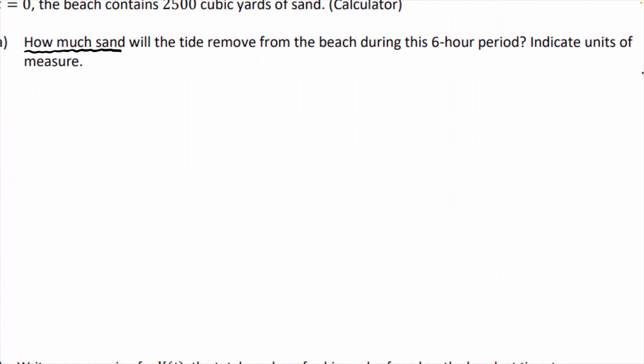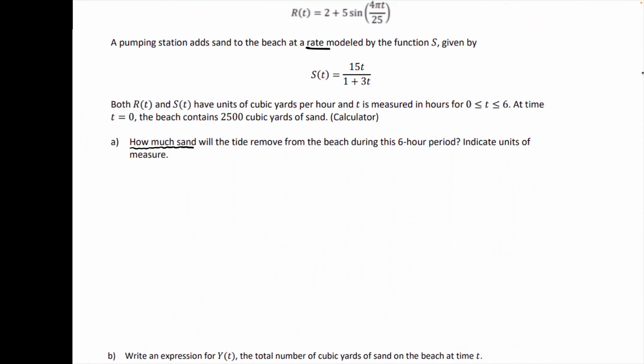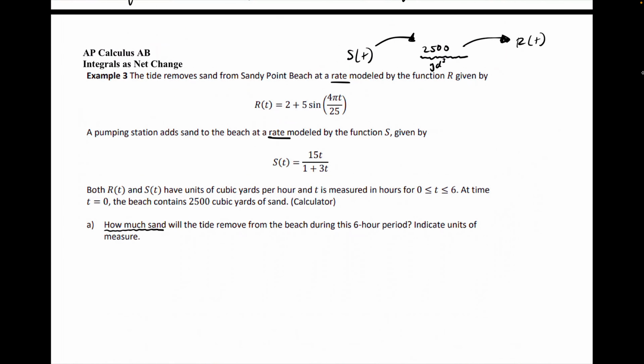So it's asking for us to be up here. If they give us a rate, antiderivative, right? Will the tide remove from the beach during this 6-hour period? So the total is for the removal. It has nothing to do with what's already there. It has nothing to do with what's being pumped on there. Okay? So removal. Removal is R of t.